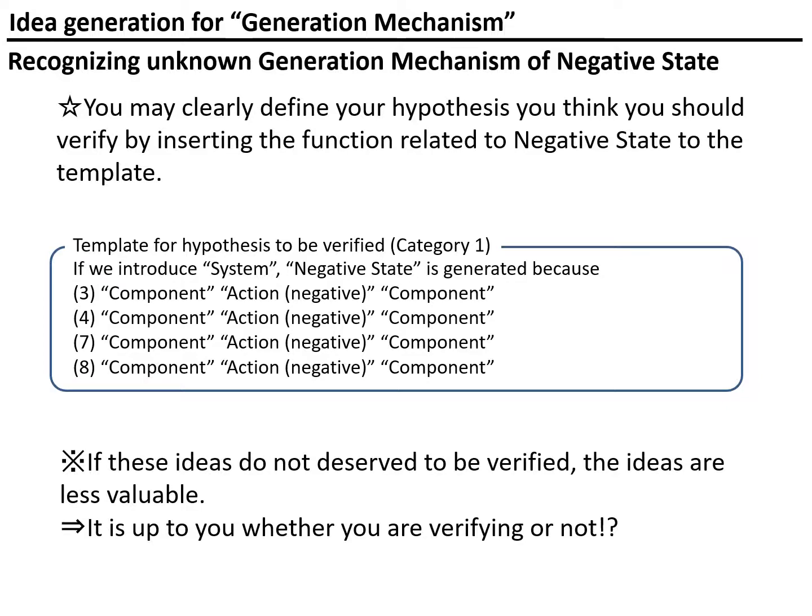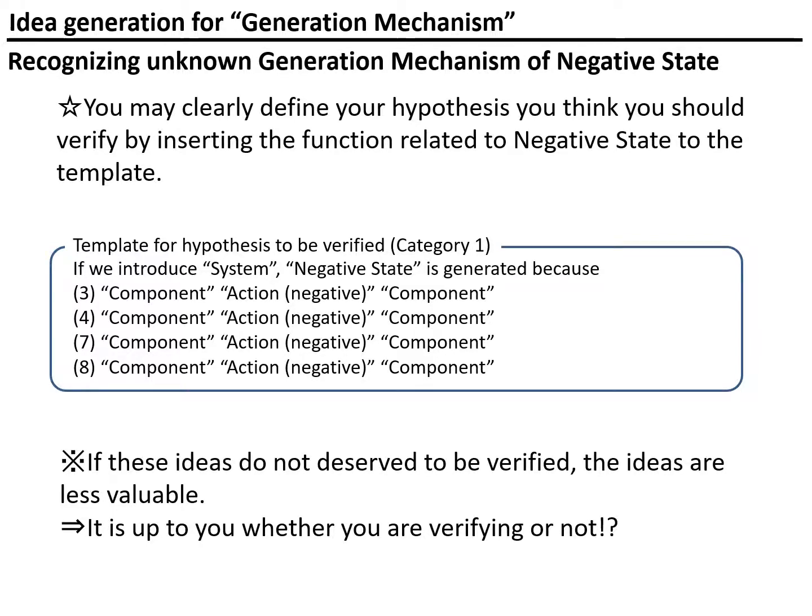Then you may clearly define the hypothesis you think you should verify by inserting the function related to negative state into the template. The template for a hypothesis to be verified in category 1: if we introduce system, negative state is generated because component acts on component.